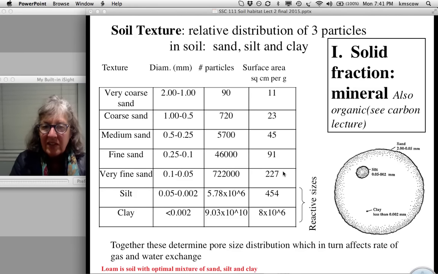So around the sand, there just isn't that much surface area, but as you move into silt, and particularly into clay, you see this surface area just like mushrooming. Looking at over 10 to the 6 square centimeters per gram of clay material.